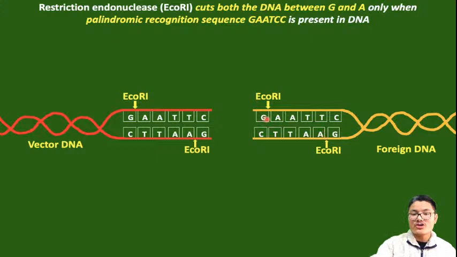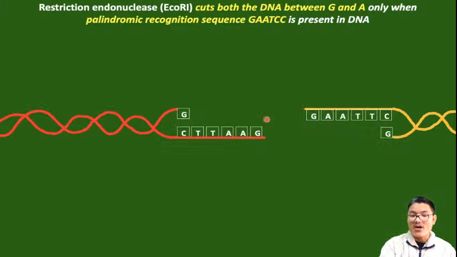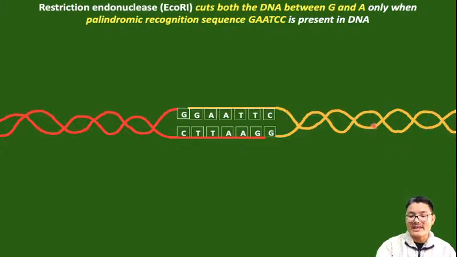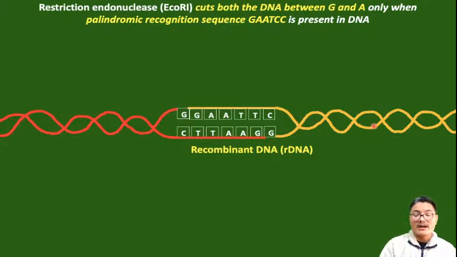And after the action of the EcoR1 restriction enzyme, there is formation of sticky ends of the vector DNA and foreign DNA. And these can be easily joined with the help of ligase enzyme, and they form recombinant DNA or rDNA, which will be used as a tool, right? Which will be inserted or transformed into E. coli.